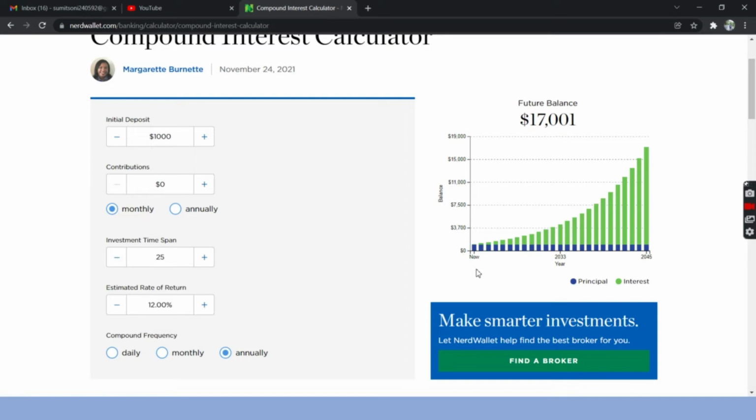And if you have heard of the rule of 72, then your money would be doubled in approximately 6 years time. You see, 1 2 3 4 5 6, you have invested a principal of 1000 and your interest is almost the same, 1000. So that's the power of compounding.